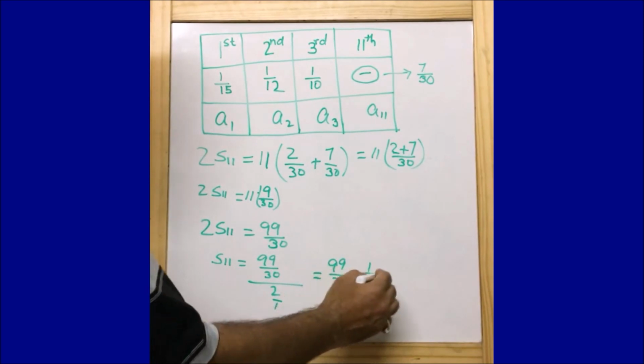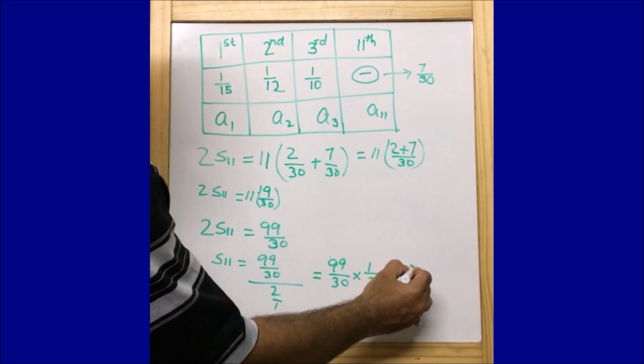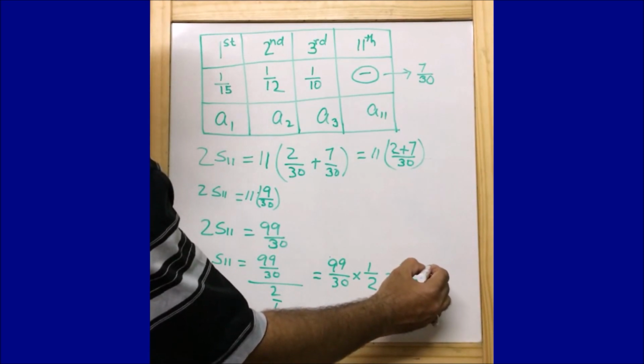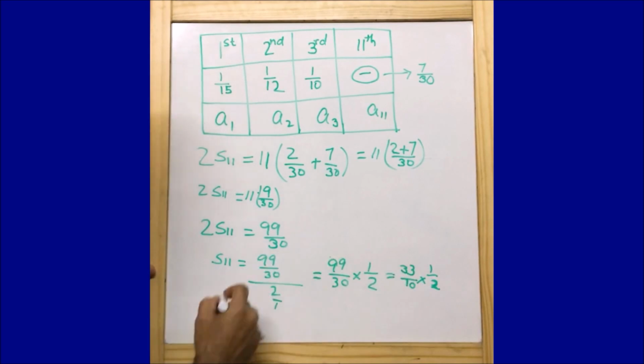Because 3 thirty-threes are 99 and 30 is 3 into 10, this is 33/10 into 1/2. Further solving, we get S11 is equal to 33/20.